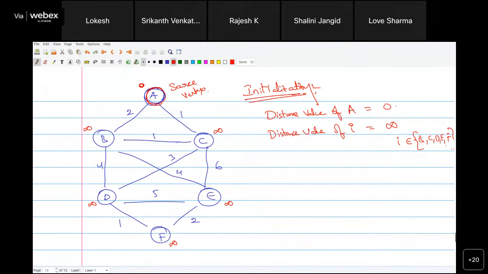Now what I will do is update the distance values of the vertices adjacent to vertex A.